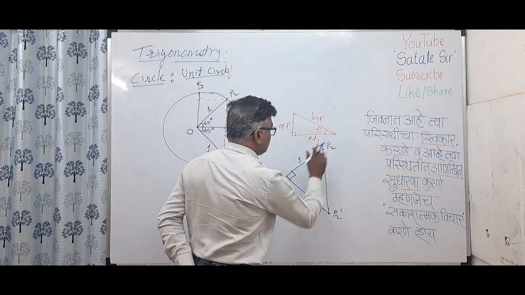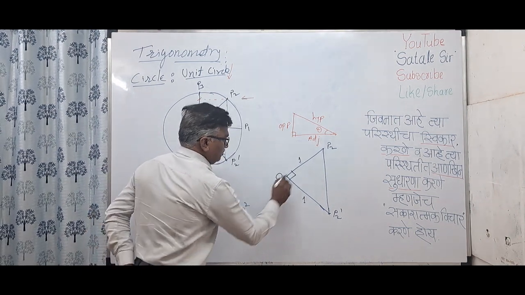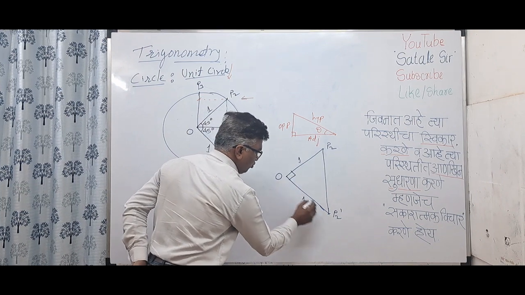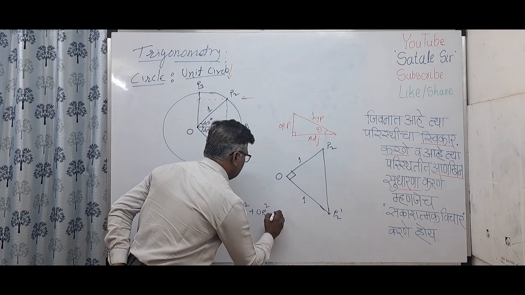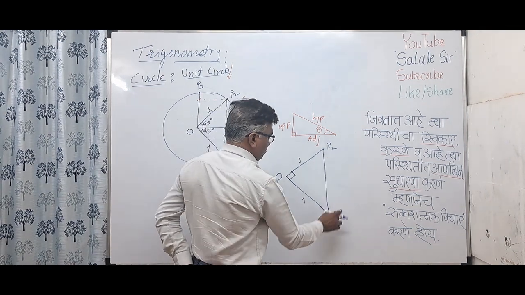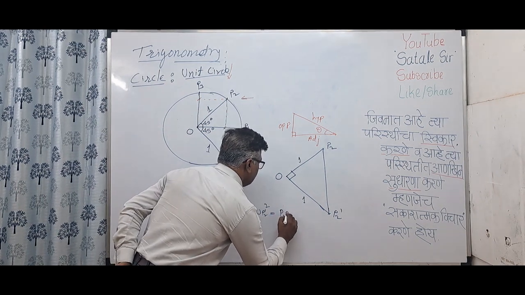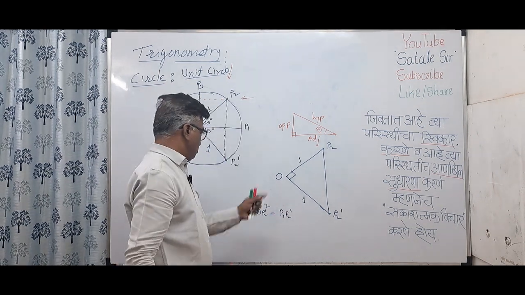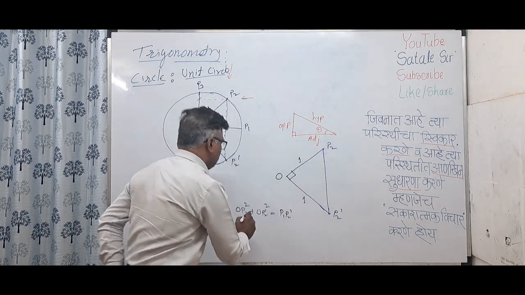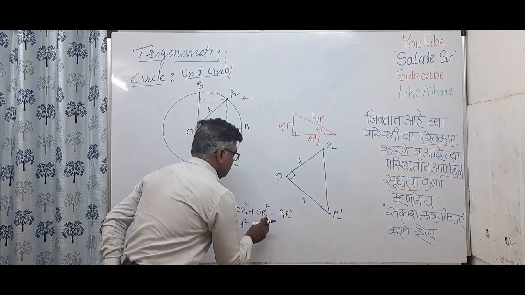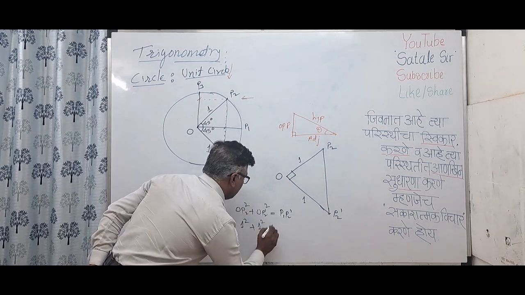That means OP2 square plus OP2 dash square will be equal to P1 P2 dash square. Now OP2 square means the square of this side, which is nothing but 1 square, plus OP2 dash, the length of this side, is again 1, so it will be 1 square.